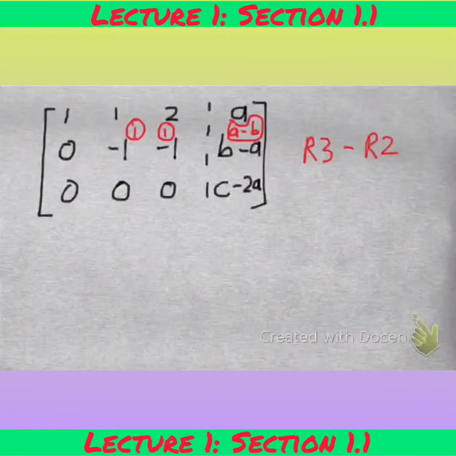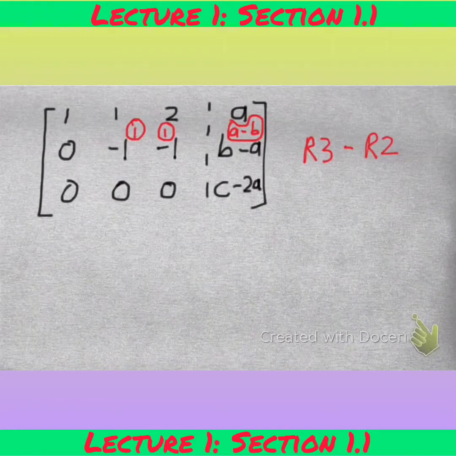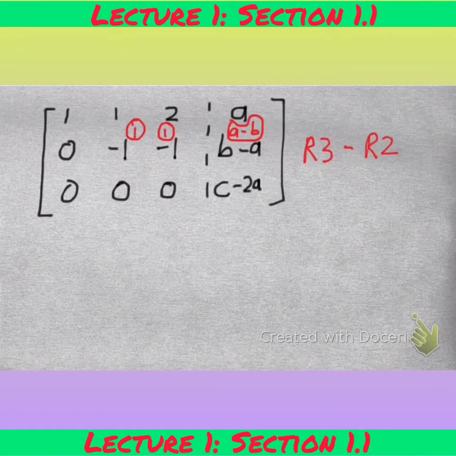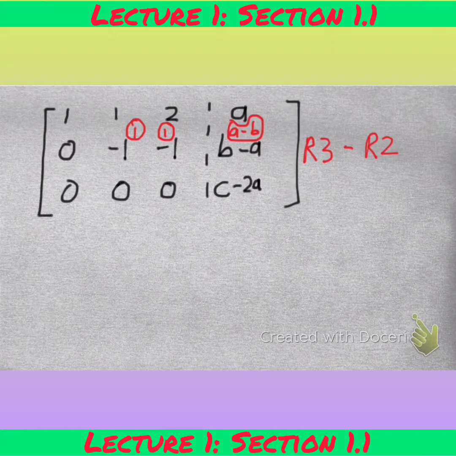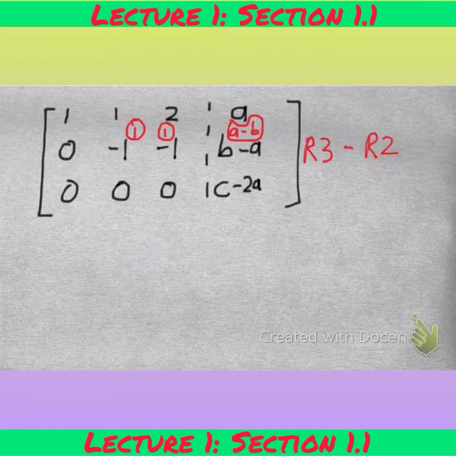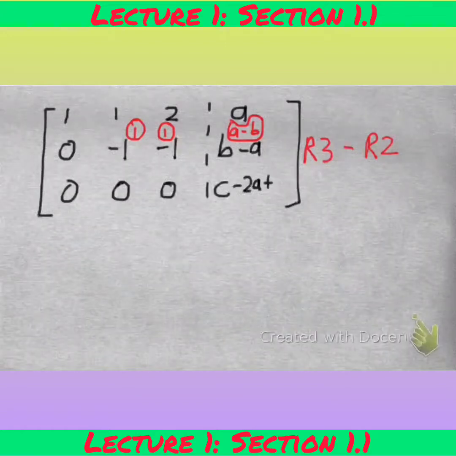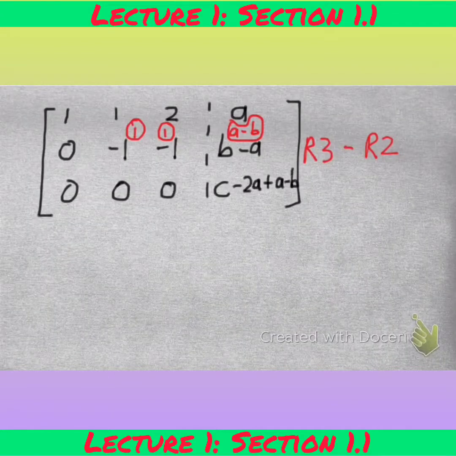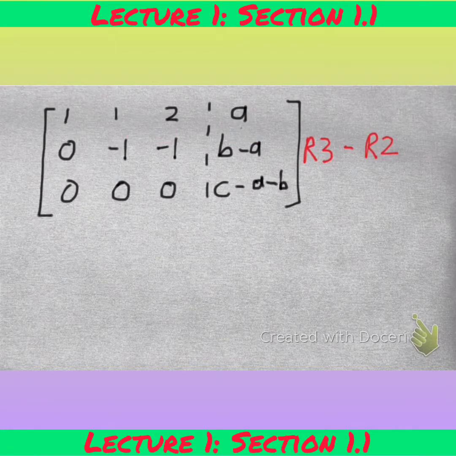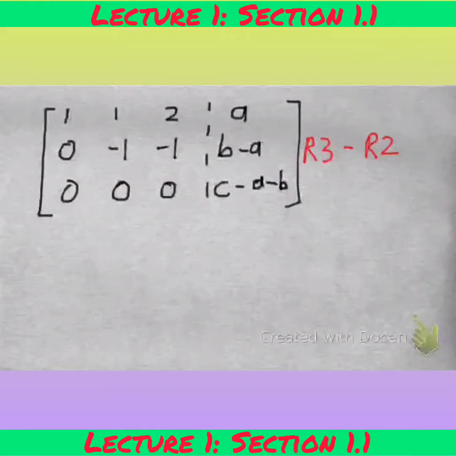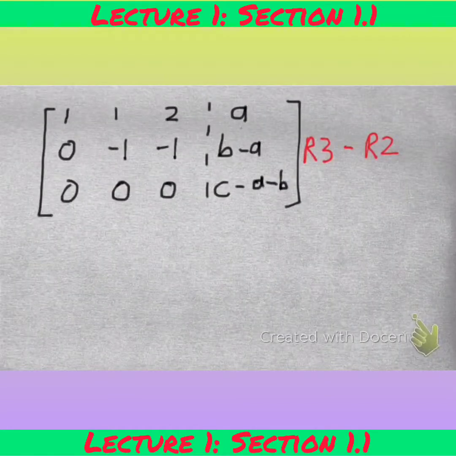And then in the last instance, we're going to get C minus 2a plus a minus b. Right, so simplifying, we get the last row, 0, 0, 0, C minus A minus B.